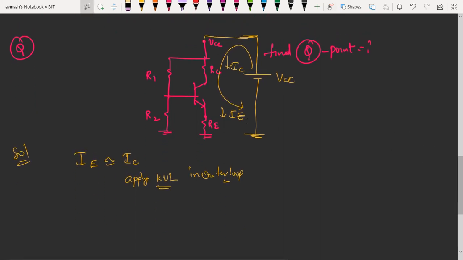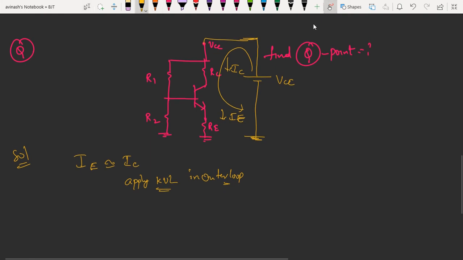Then what we get here? If we apply KVL in the outer loop, then we get minus VCC plus IC into RC plus VCE, collector to emitter, plus IC into RE is equal to 0.